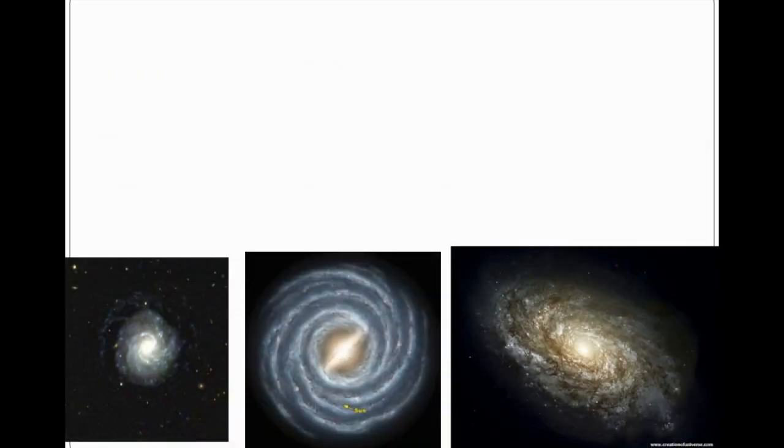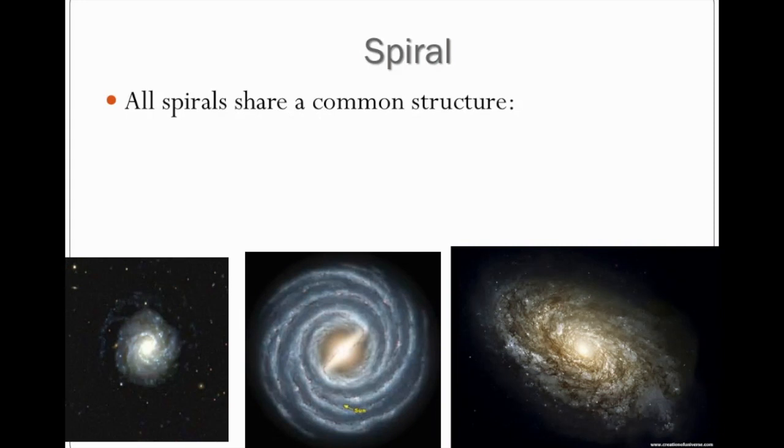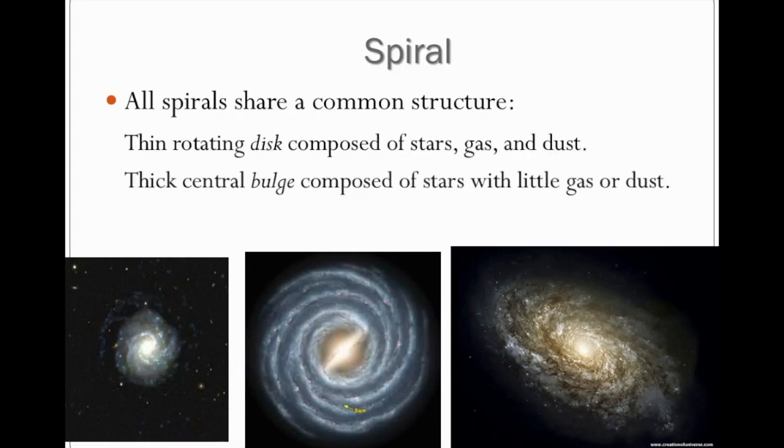Let's take a look at these three pictures of spiral galaxies. Obviously, the one in the middle is not an actual picture. The other two are. But spiral galaxies have a common structure. They have a central bulge or band composed of condensed stars, lots of stars, but not a lot of gas and dust.